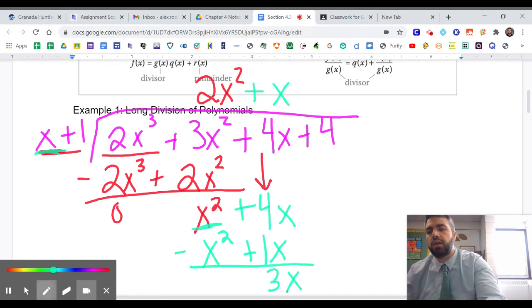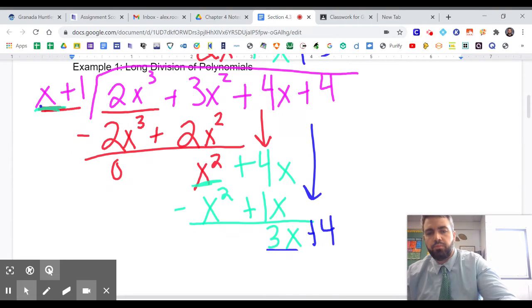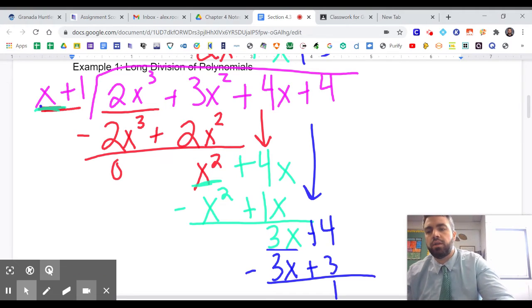And so I say, well, I actually have to drop this down to plus 4. So how many times does x go into 3x? Well, it goes in 3 times, right? And so I move it up just a little bit, okay? And so then that would be 3x, and then plus 1 would be 3, and I subtract, and I have a remainder of 1.